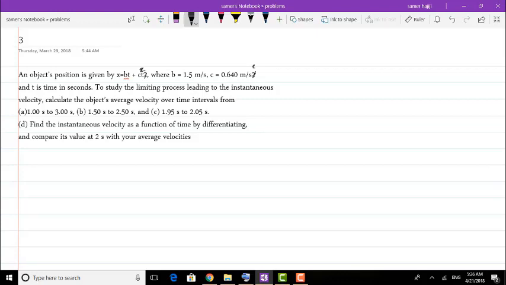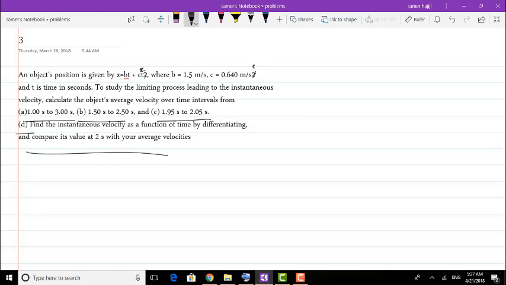To study the limiting process leading to the instantaneous velocity, calculate the object's average velocity over time intervals from 1 to 3 seconds, from 1.5 to 2.5 seconds, and from 1.95 to 2.05 seconds. And D, find the instantaneous velocity as a function of time by differentiating and compare its value at 2 seconds with your average velocity.